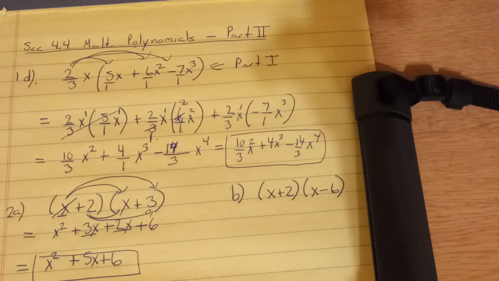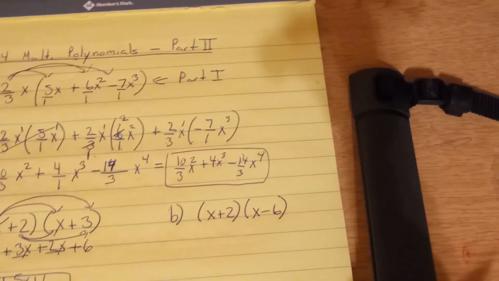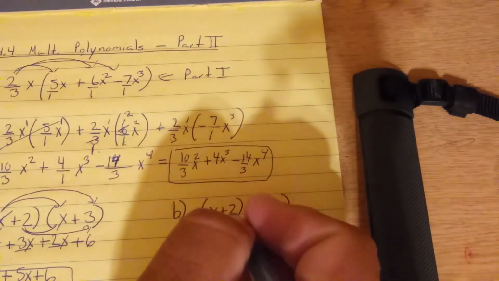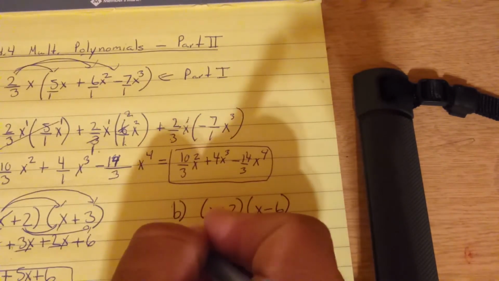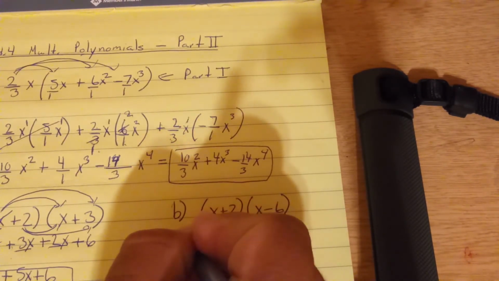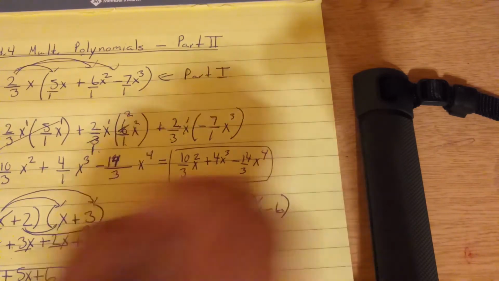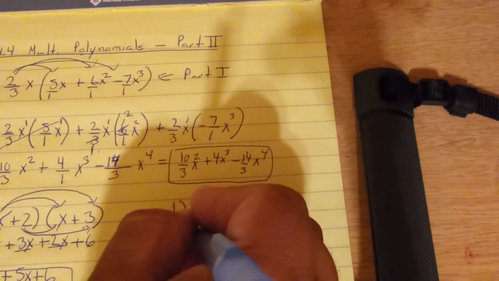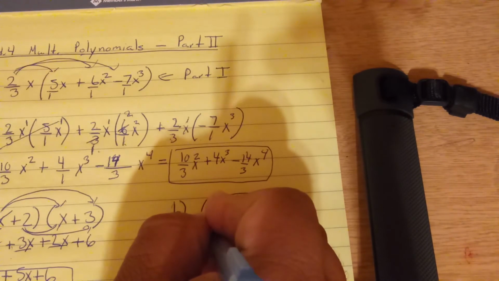And once again, we're going to go through these examples. Letter B, same thing. We're going to go ahead and first distribute the x first. That's our first term right there. So don't worry about the 2 there. So in this case, we distribute the x times x, x squared.